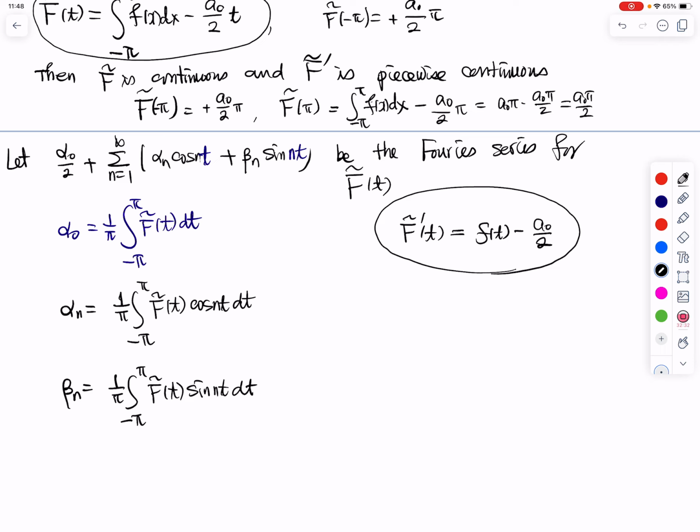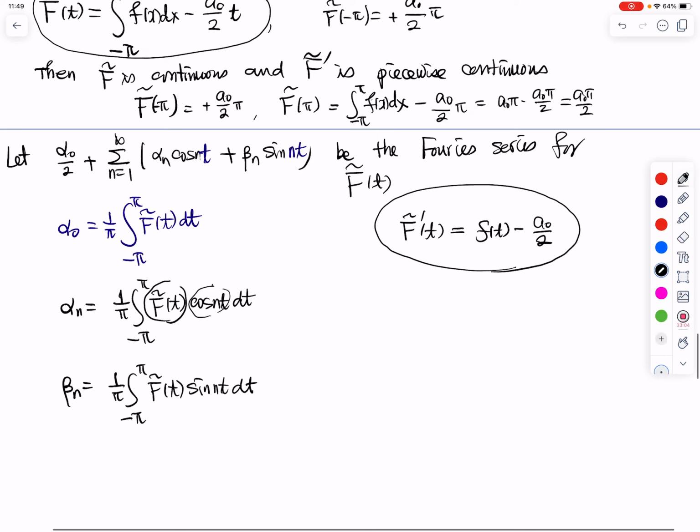So you can use integration by parts again. Consider f tilde prime, and call this g prime, then g(t) equals 1 over n sine nt.